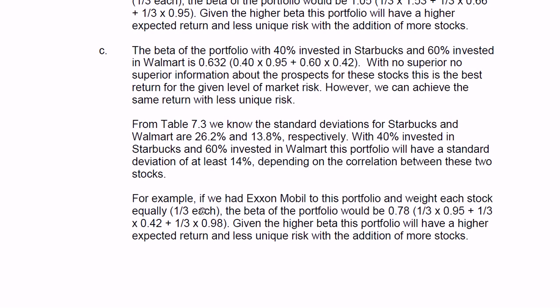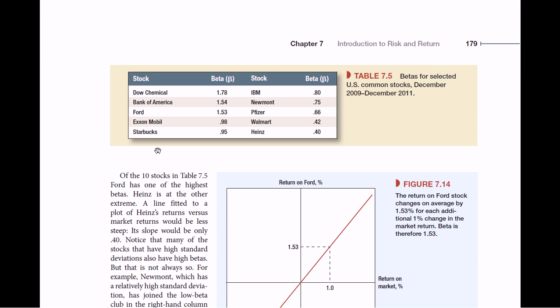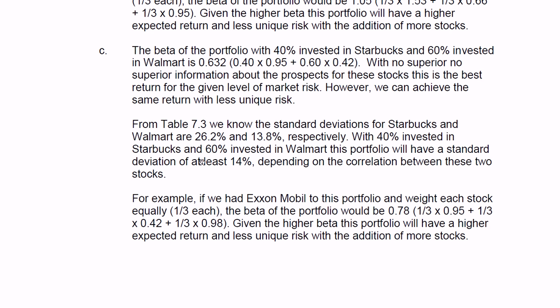So for example, if we had Exxon added to this portfolio and weighted each stock equally, the beta of the portfolio would be 0.78. Given the higher beta, this portfolio will have a higher expected return and less unique risk with the addition of more stocks.